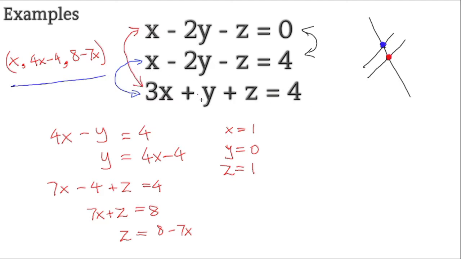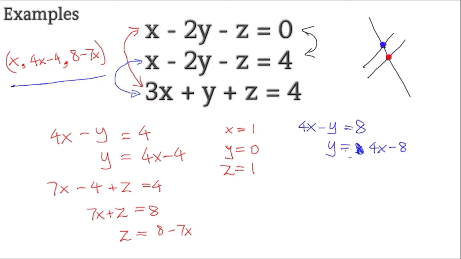We can do essentially the same thing, and that would give us 4x take y equals 8, and we have y equals 4x take 8. That's the first part. Then we want to find z.